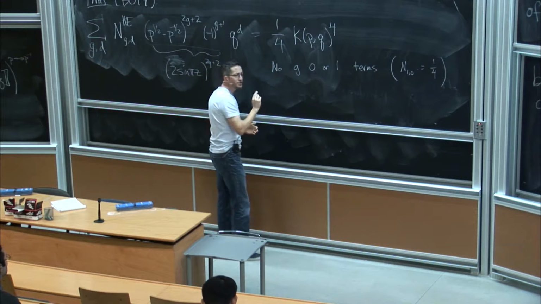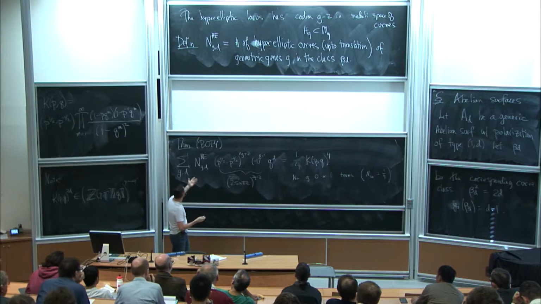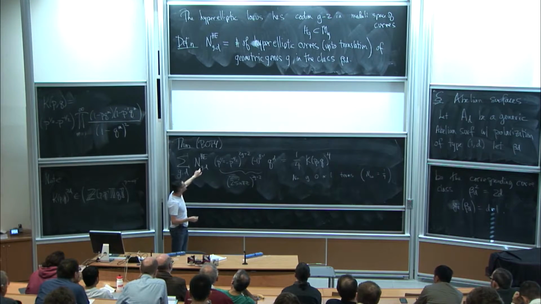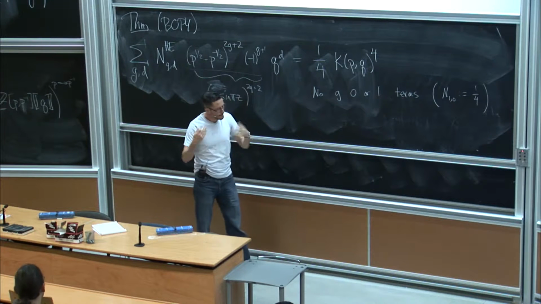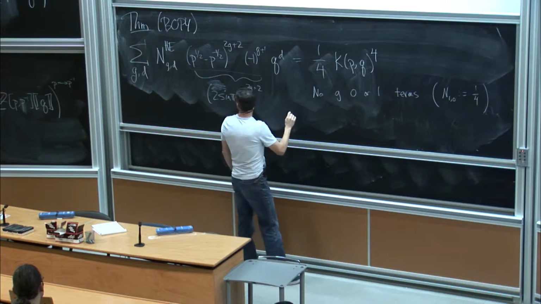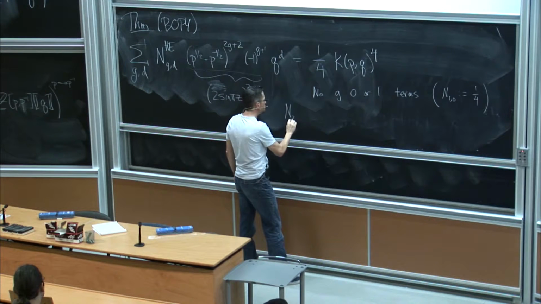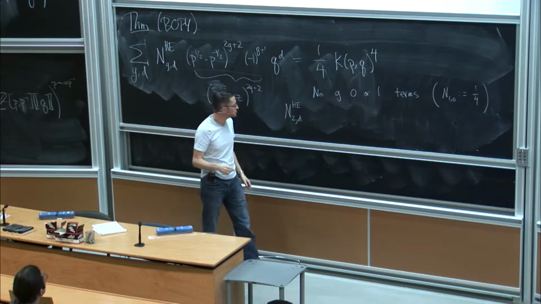But classical examples, of course, every genus 2 curve is hyperelliptic. So when the genus is 2, this is just the number of genus 2 curves in this class. And that actually predates Göttsche and Yau–Zaslow and all of that. So if I look at N_{2,d}, the hyperelliptic curves, that's of course just the number of genus 2 curves.